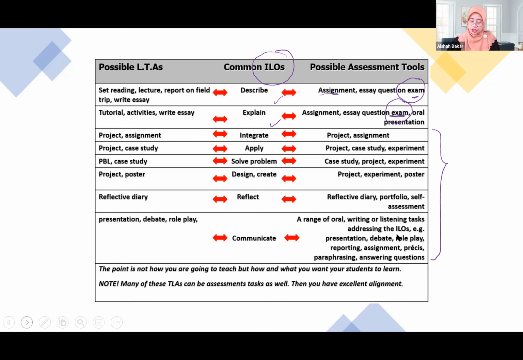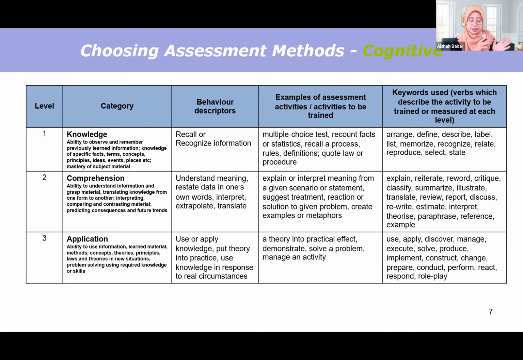And another thing, this is just basically some of the notes showing us how we measure cognitive learning outcomes at different levels, what the assessment instruction verbs are that we can use in the actual question, and what the assessment methods or assessment activities are that we can conduct if we would like to measure that particular cognitive ability from 1 to 3.